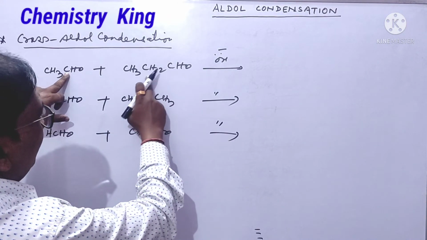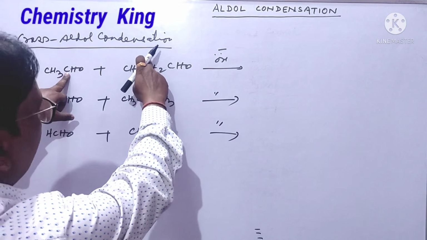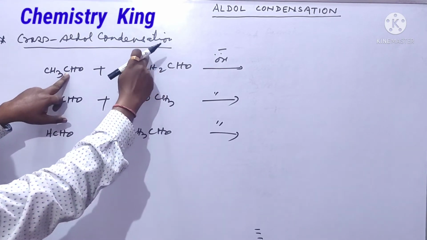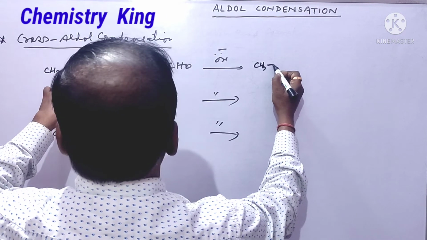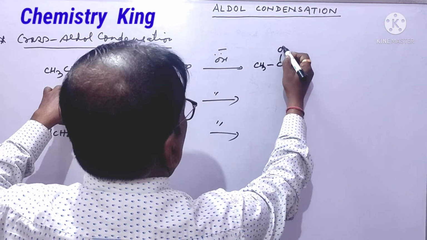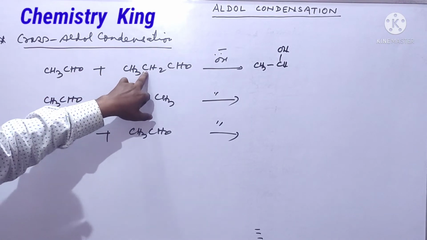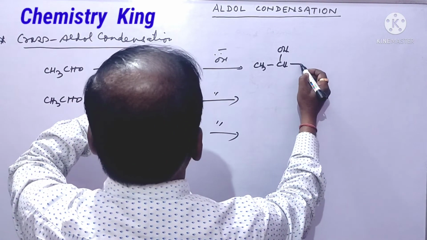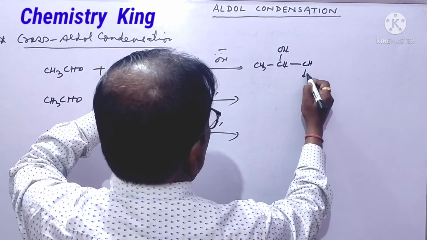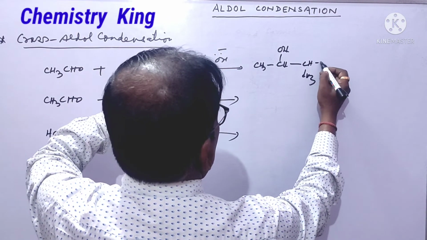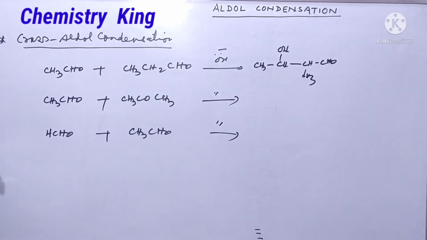Hydrogen from the other carbon is lost, this carbon gets converted into a nucleophile with negative charge. So CH3 CHOH, this carbon gets attached here, CH3 here and CHO. You will get this product as the major.